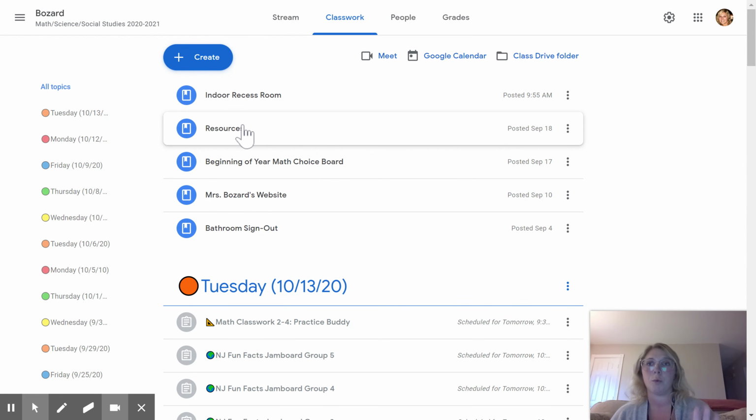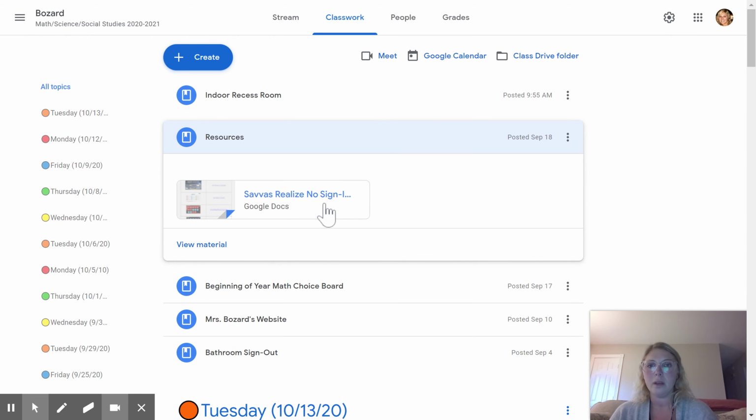So I'm going to kind of go through where you find these tools as well as how to do the math for today. So in Google Classroom, and this is for both classes, you're going to go to Resources. And you'll click on the material that I've posted.